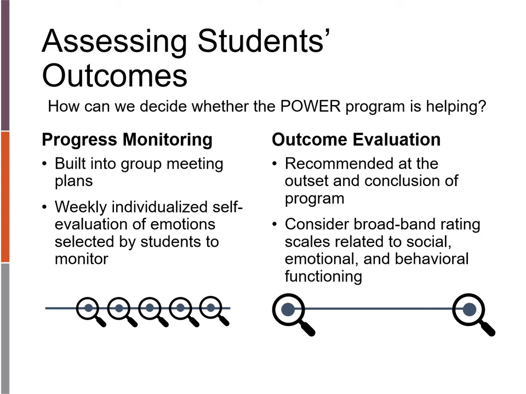Student outcomes evaluation results should be reviewed promptly upon post-assessment to evaluate the effectiveness of the program for each student. Because outcome evaluation measures commonly differ from progress monitoring measures, they may tell a different story about how the student responded to the POWER program.